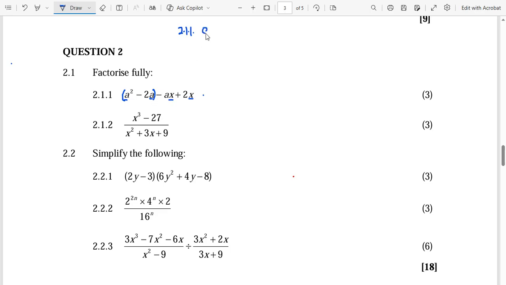So this will be a. Look at what I have inside the bracket. So if this is a, I'm left with a minus 2 inside the bracket, because if I multiply out the bracket, it should give me a squared minus 2a. So now look at this.